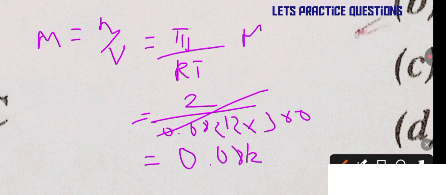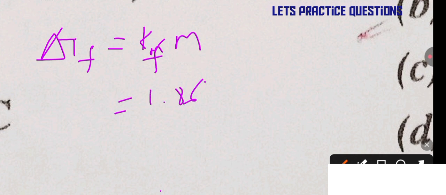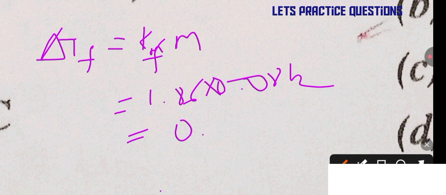Molarity, small m, equals 0.0812. The depression in freezing point, del Tf, will be equal to Kf m. Kf value 1.86, molality value 0.0812. When we calculate this, we have the answer 0.151.